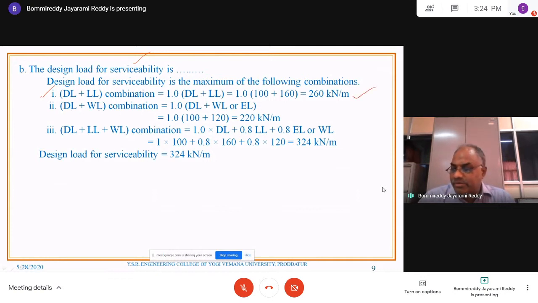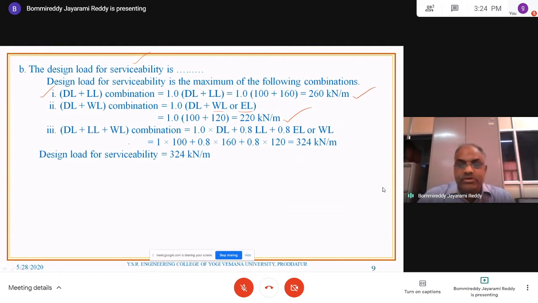And dead load and wind load are considered. Wind load means it is either wind load or earthquake load, whichever is maximum. Here earthquake load is maximum, it is 120. So again 1 into 100 plus 120, 220 kilonewton meter. Units are wrong, it is kilonewton meter.